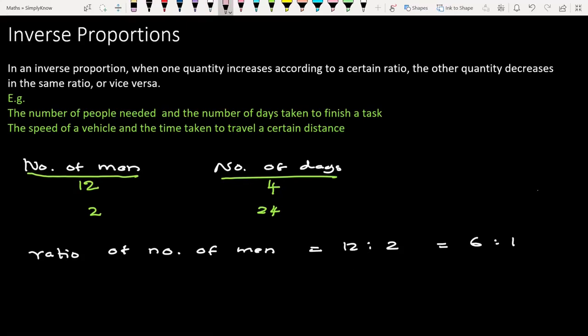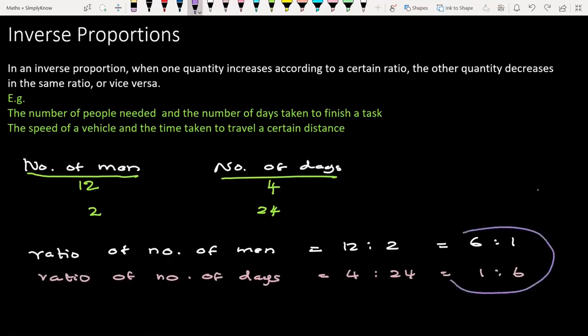What about the ratio of number of days? It's 4 to 24. If we further simplify this ratio, we can take 1 to 6. Now, if you consider these two ratios carefully, what can you see?